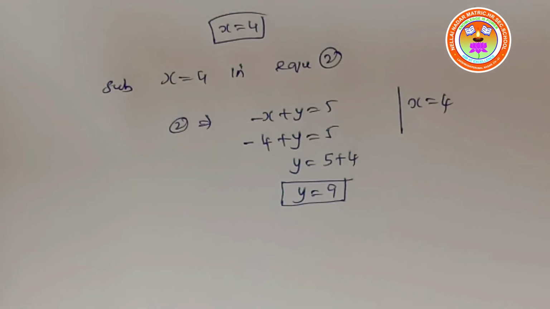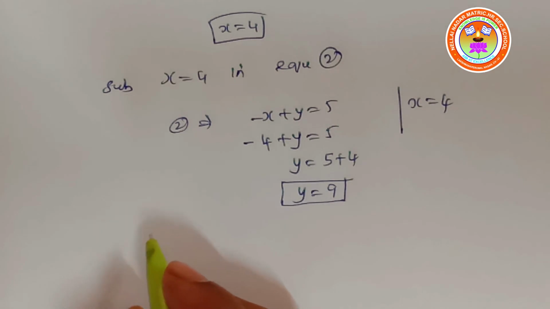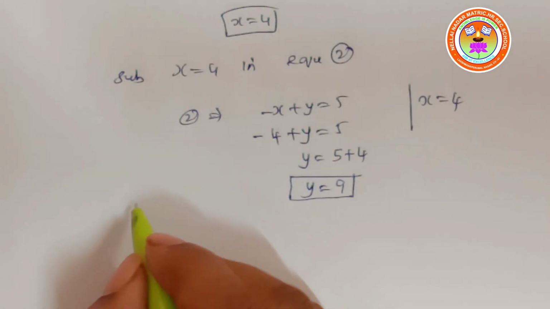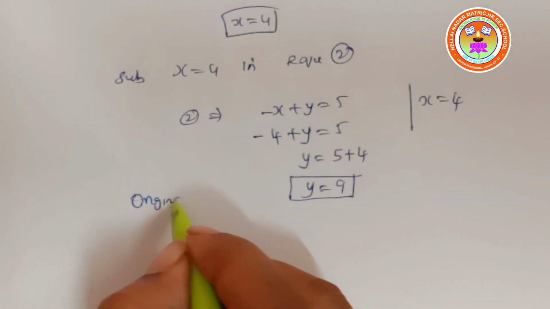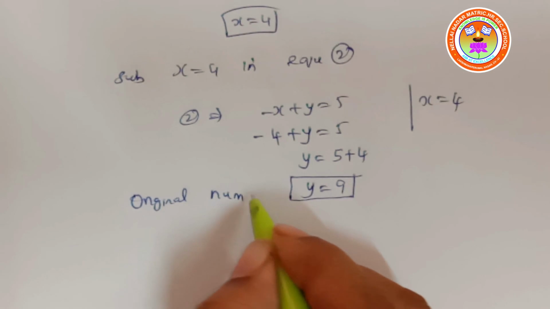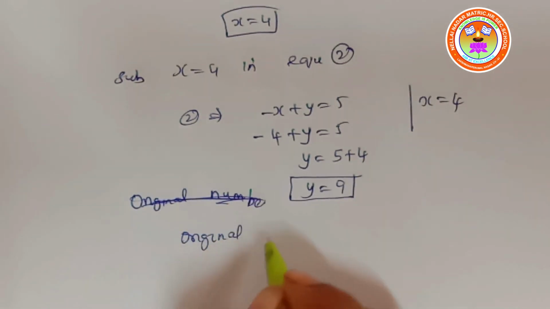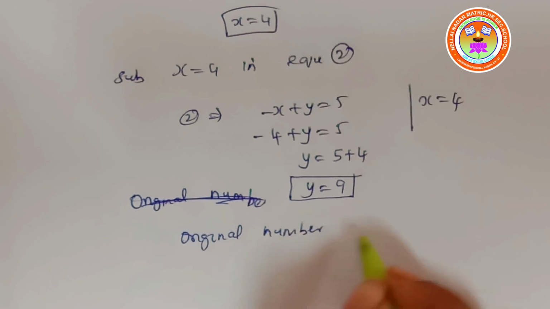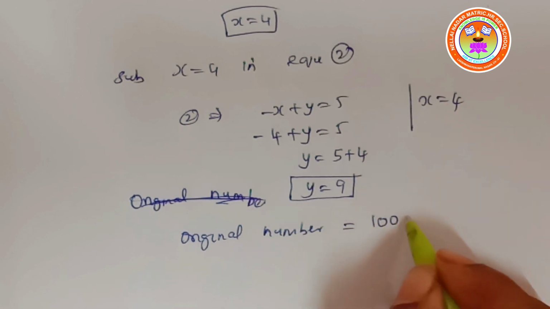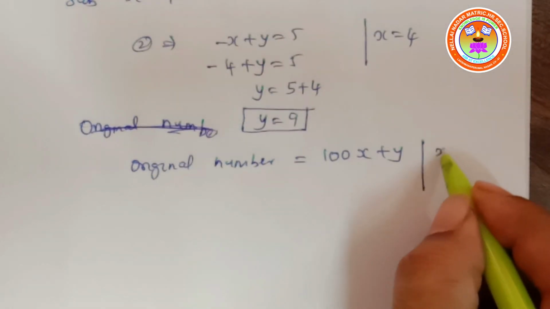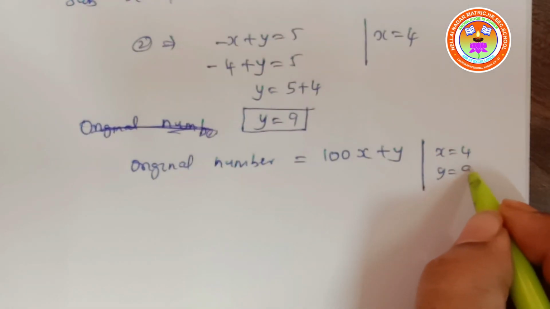The question is to find the number. So the required number is the original number, which is 100x plus y. Here x equal to 4, y equal to 9.